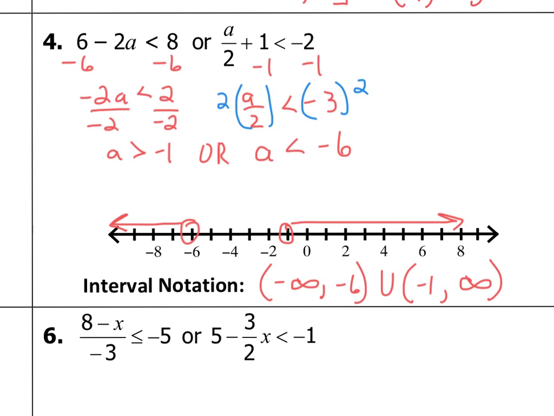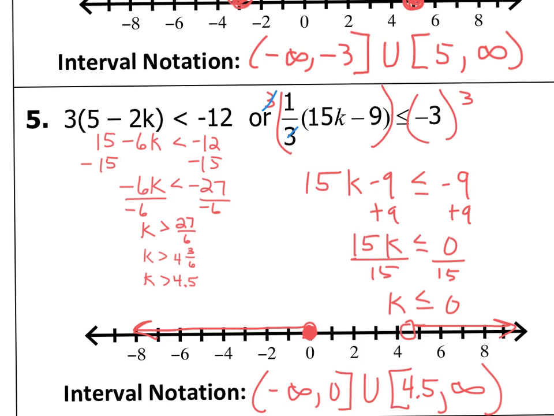So even though up here, when we solve this, it ends up A is greater than -1, because that one ends up being over here, and A is less than -6 is over here. When they solve out, this is fine, but when you write it in interval notation, you really want to put it in the order of where it is on the number line.